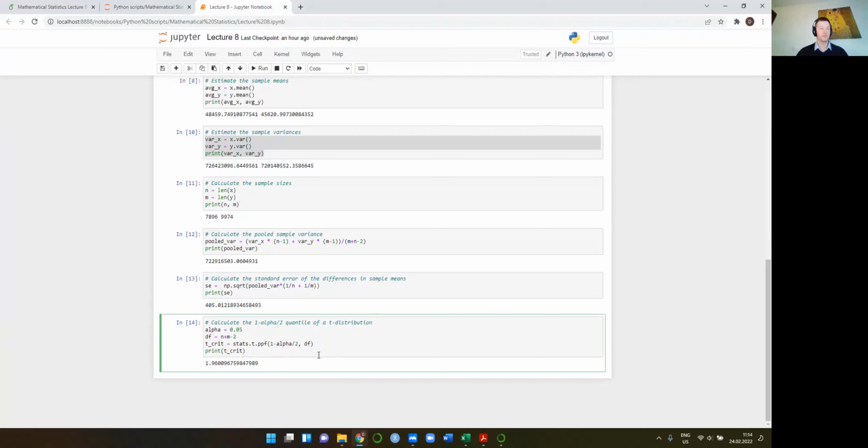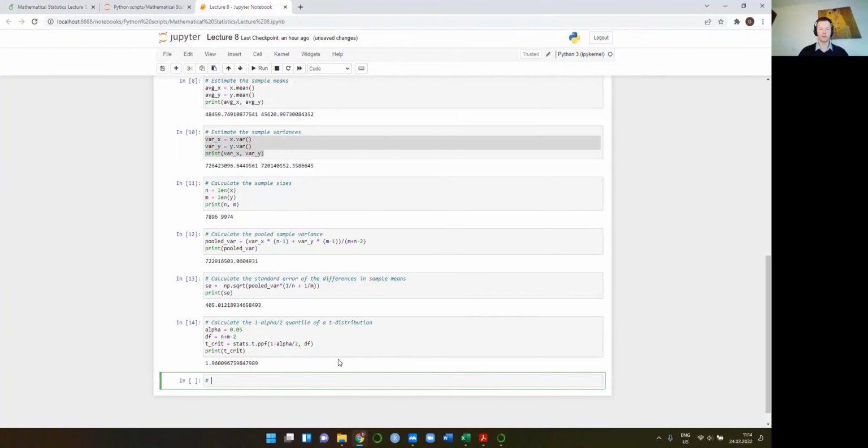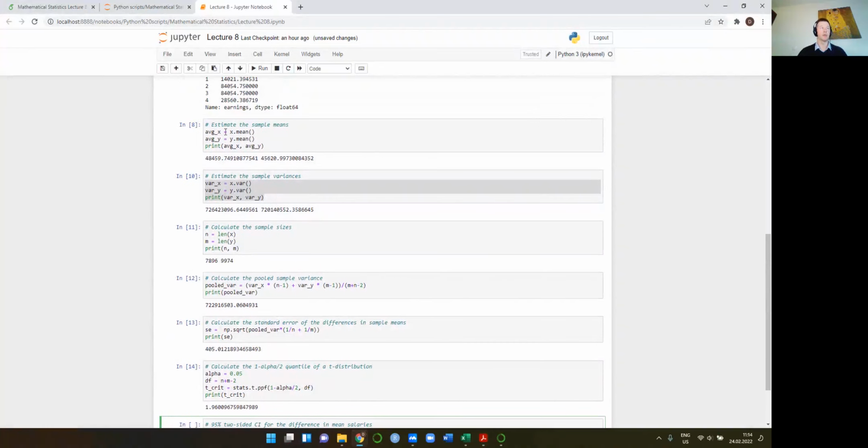What's next? Confidence interval. Well, 95% confidence interval, two-sided, for the difference in mean salaries. What is the lower bound? Let's call this LB, lower bound. That's a difference in our averages.